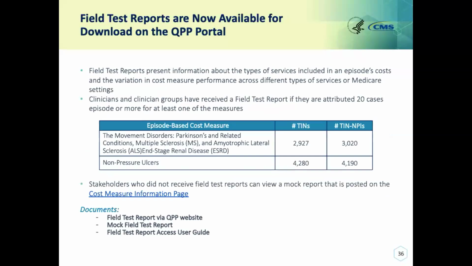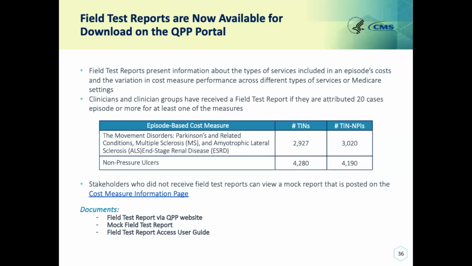Field test reports are available for download on the QPP website for clinicians and clinician groups who've been attributed at least 20 episodes for at least one of the measures. There's a total of about 7,200 clinician groups and 7,200 clinicians that will receive at least one field test report during this period.